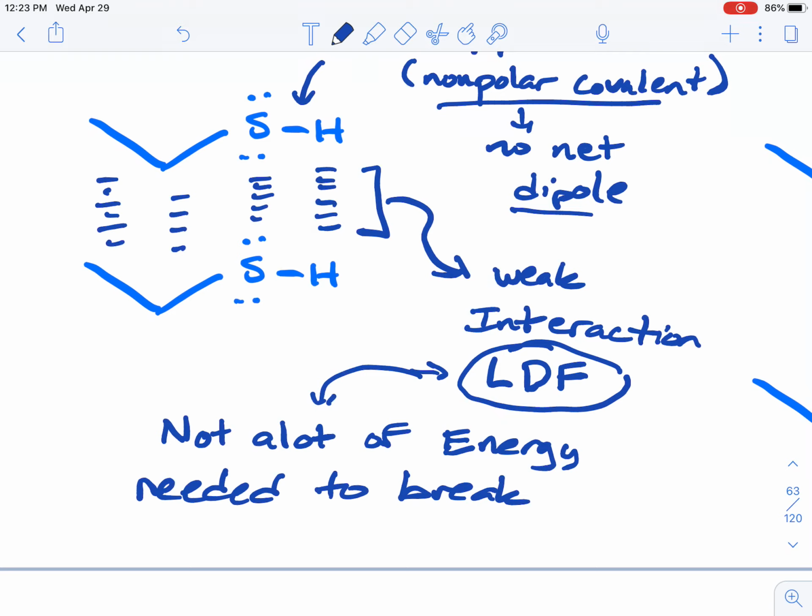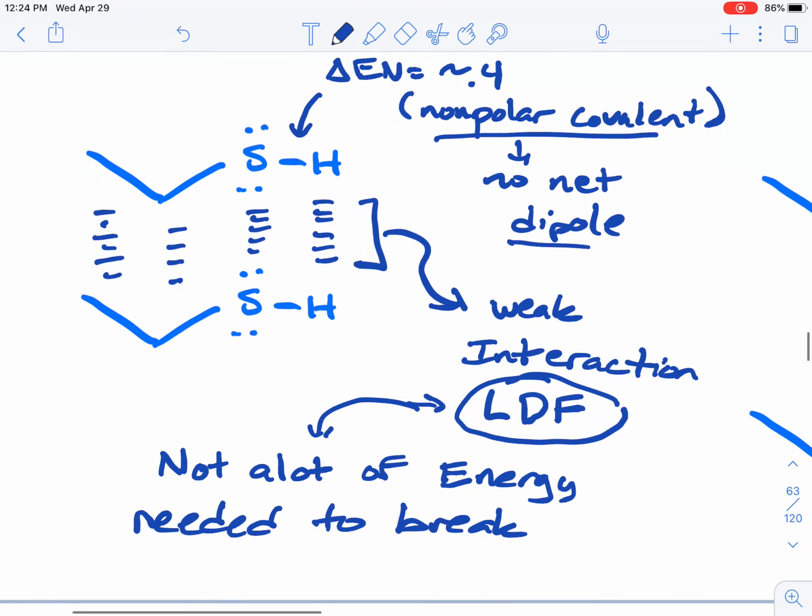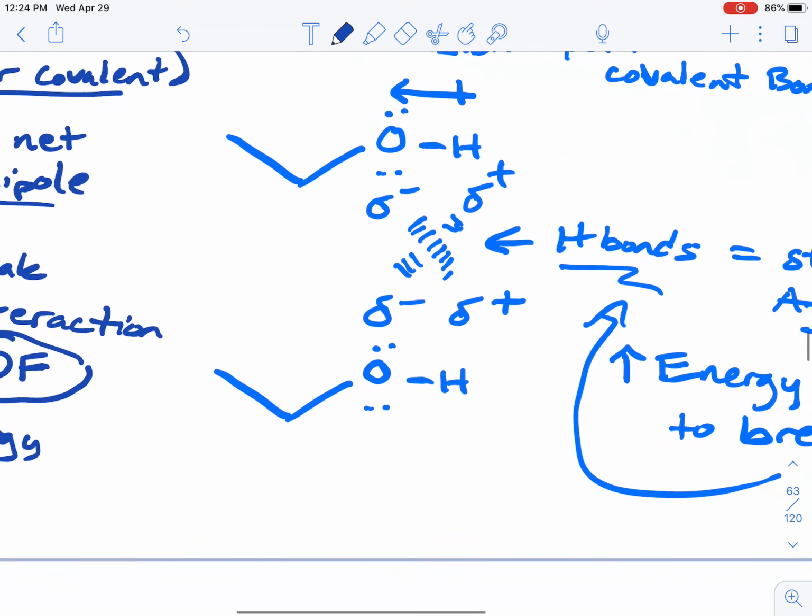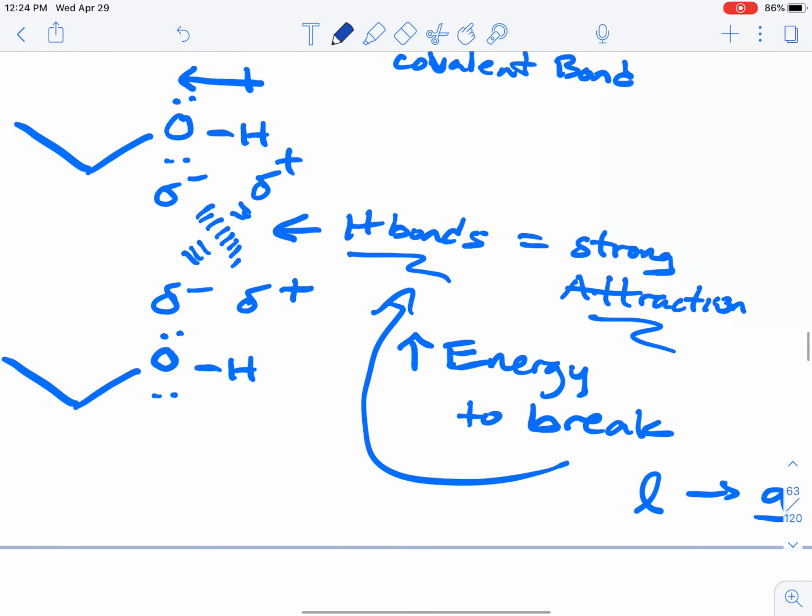And so if you don't really need a lot of energy to break them apart, then that means their ability to go from liquid to gas, their ability to surpass the boiling point, is going to be lower than that of alcohols. And so if you don't need a lot of energy to break these interactions, then it will be able to enter its gaseous phase at a lower temperature compared to interactions or attractions between molecules that are stronger.